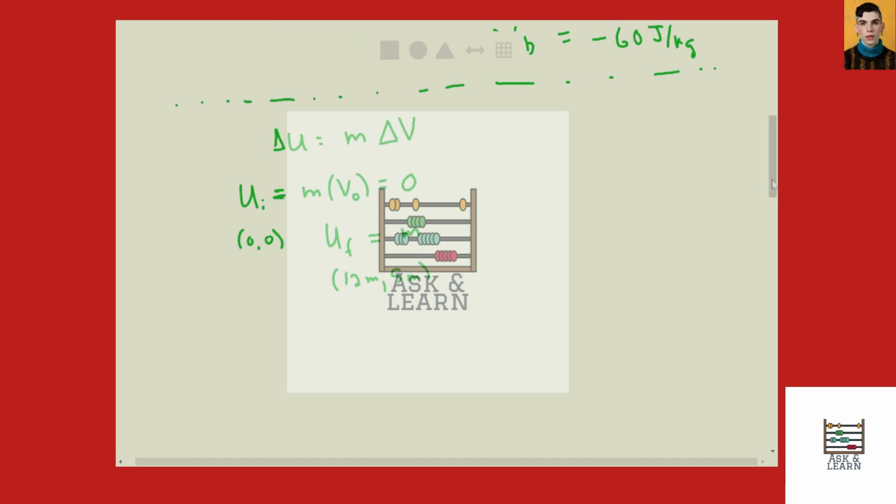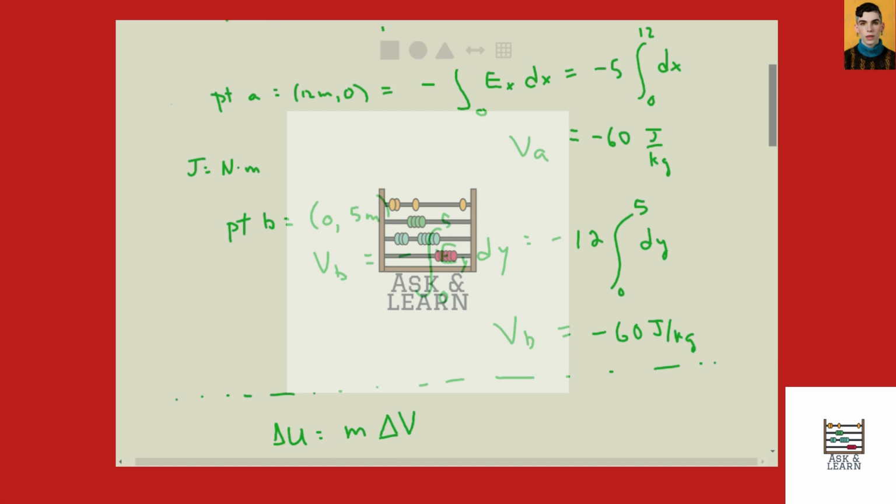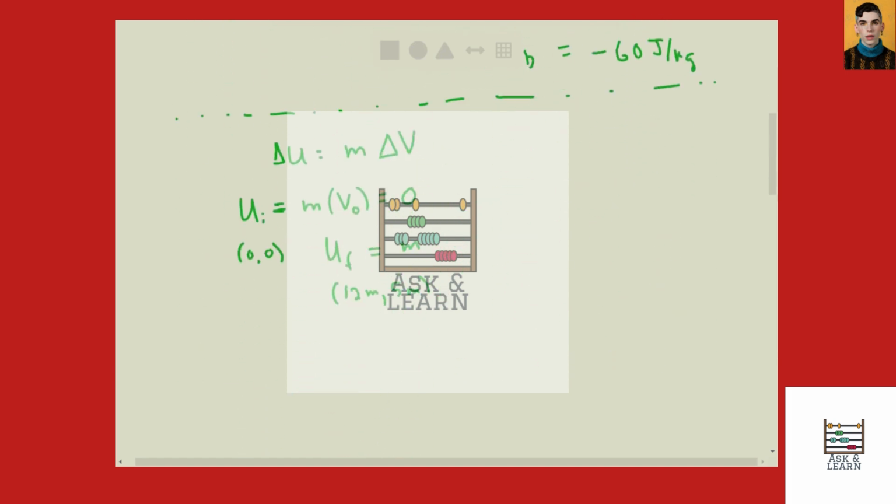We can think about the potential difference between 0 and 12 meters, which we found in the x direction to be minus 60 joules per kilogram. And then between 0 and 5 meters is another minus 60 joules per kilogram. And that is minus 240 joules.